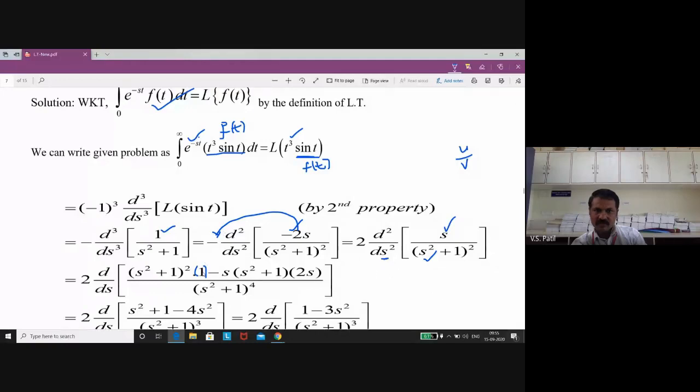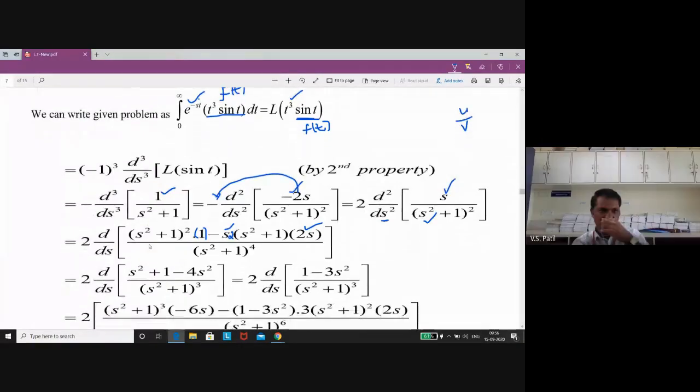Differentiation of s becomes 1 with respect to s. Then minus numerator as it is, differentiation of the original denominator. I think I am missing one 2 here. So this becomes 2 times s square plus 1 into, once again, differentiation of this s square plus 1, that is 2s. Is that clear?